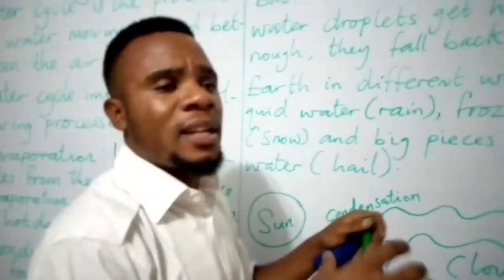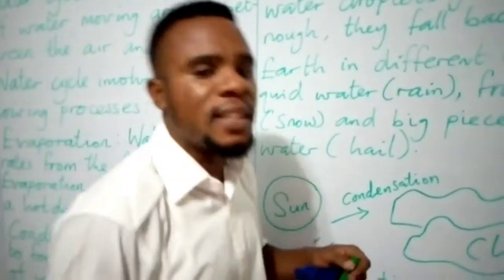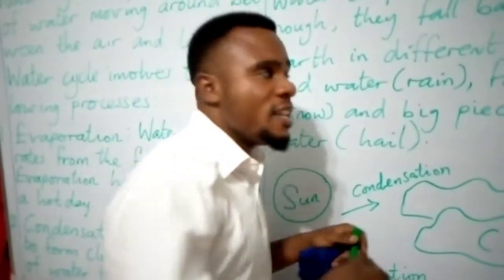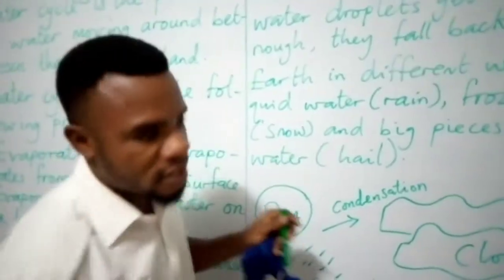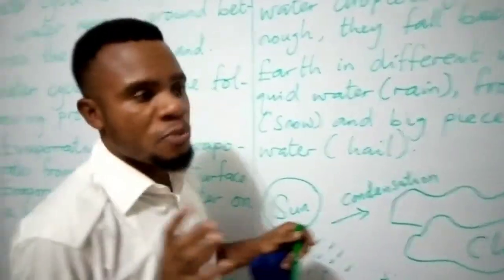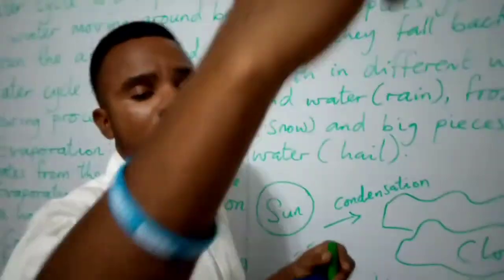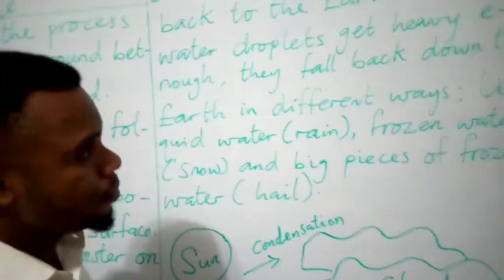When it starts forming cloud, it gets heavy so that it has to fall back to the earth. This is the transformation of water from one state to another. Remember, it starts from gaseous before going to liquid and now coming down. From evaporation, now we are in precipitation.